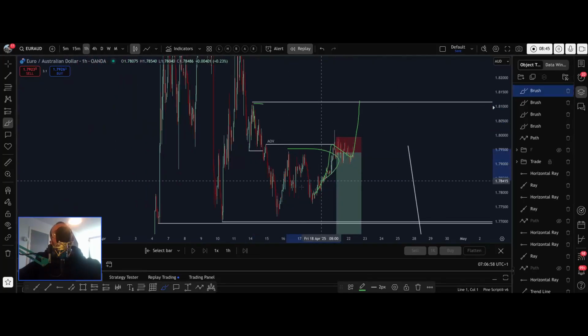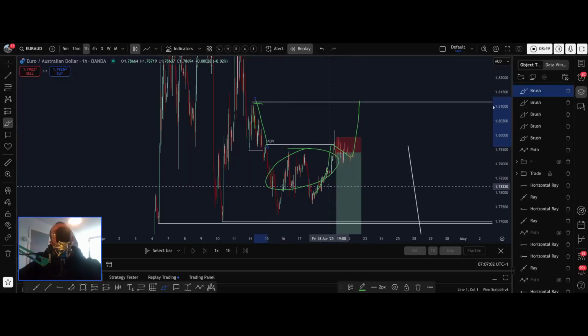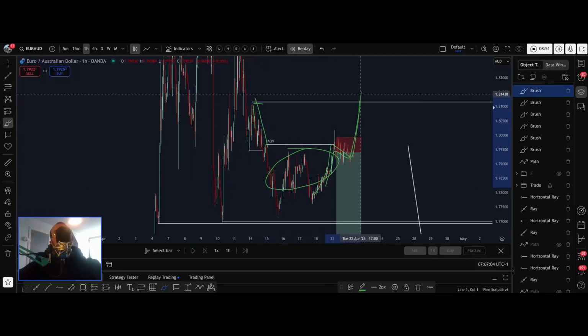When a structure like this fails and we have volume sat above, what we often get is something like this. We tap into it, and then I'll be looking for the push down, and the correction, and then I'll be looking to get short from there.